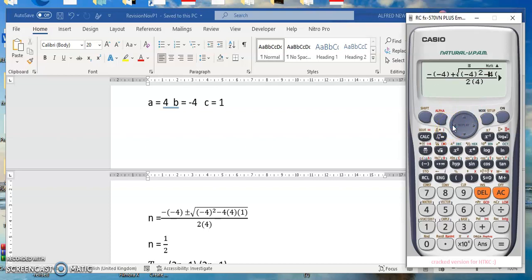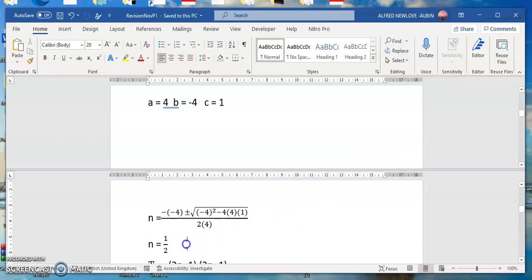Remember, it is plus or minus. So you must change the plus to minus. So you delete the plus and you input minus. If I put minus there, I'm still having the same 1 over 2. Have you seen? So N is equals to 1 over 2. Let me just copy and paste.